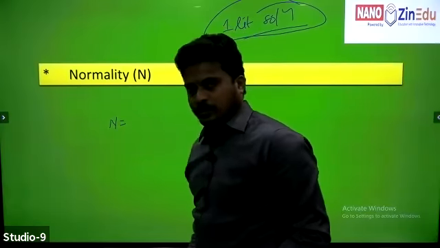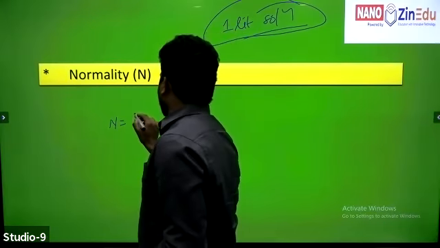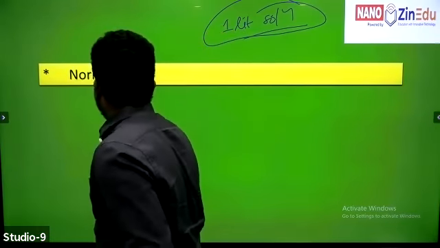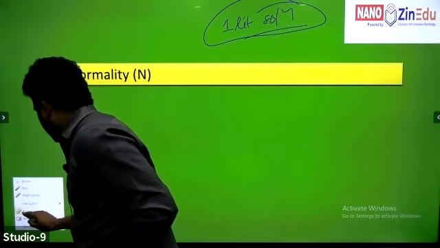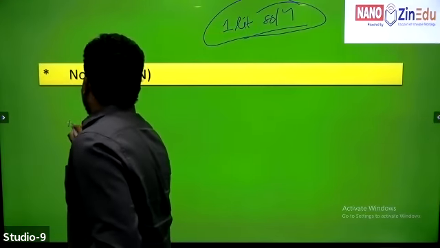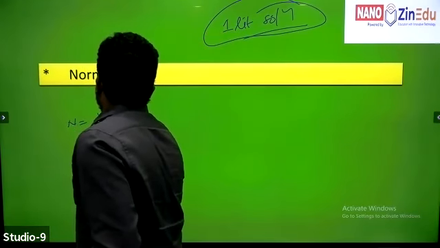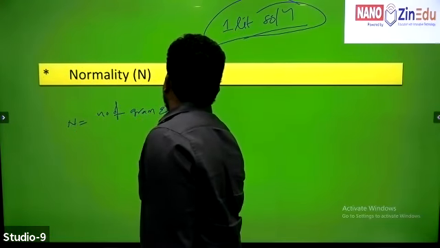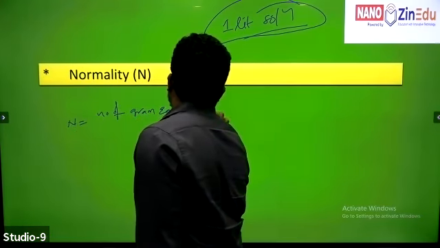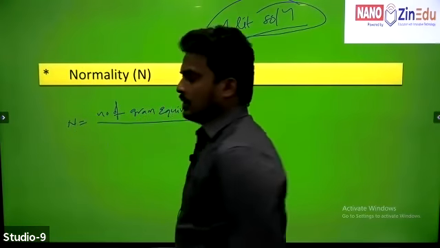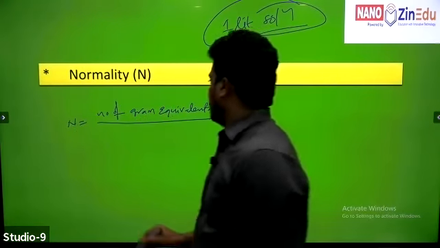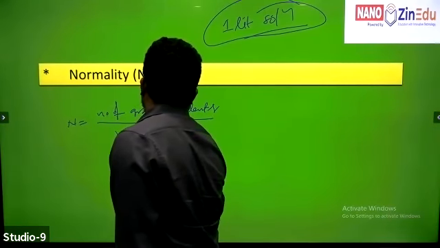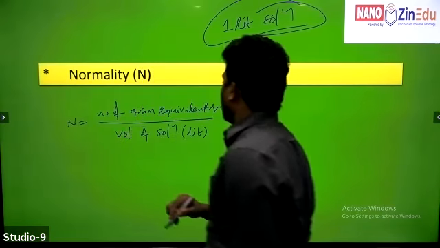So normality is equal to number of gram equivalents over volume of the solution in liters.